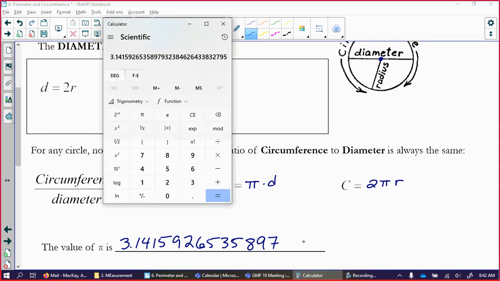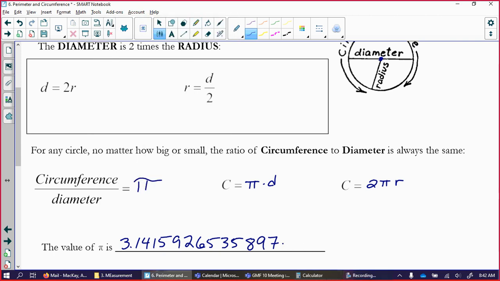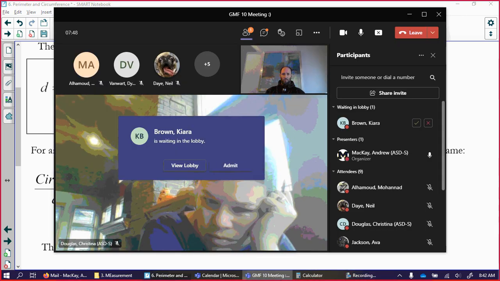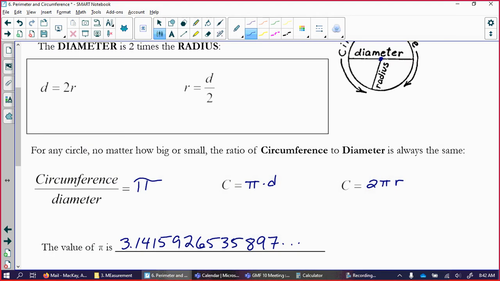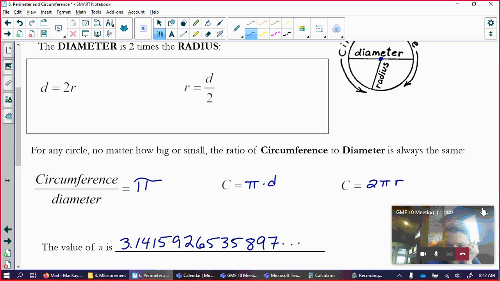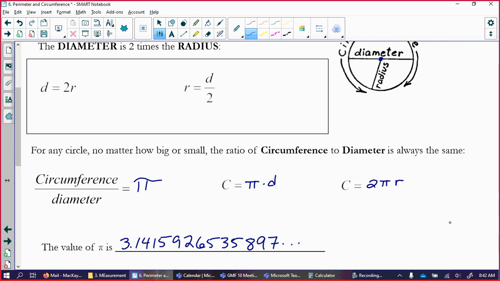Pi is 3.1415926535897, yada yada yada. Pi is what is defined as an irrational number. Pi is going to go on forever and ever. And when we get back, there's a poster up above the door.